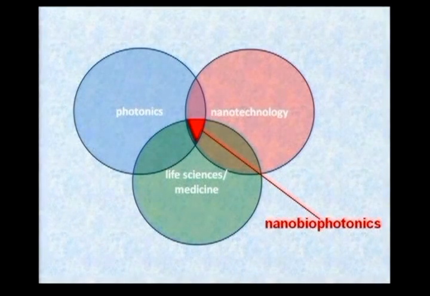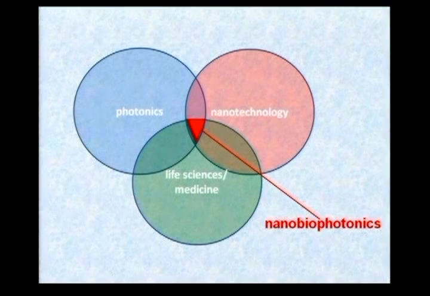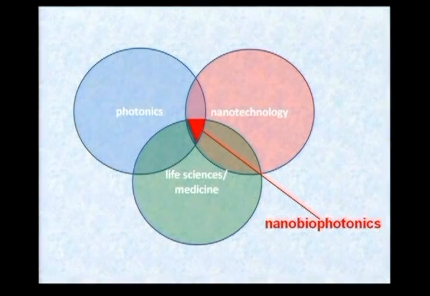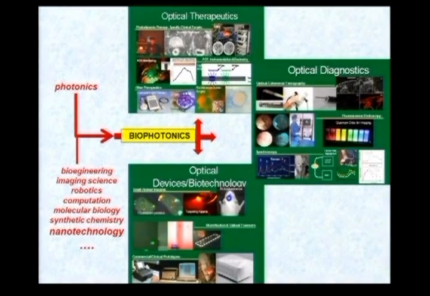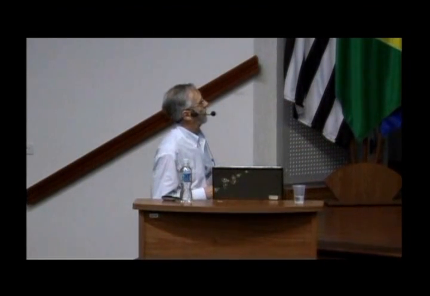So nanoBiophotonics is the intersection between photonics, nanotechnology, and life sciences and medicine. That's clear. And I just wanted to make the point that if we look at the different areas of biophotonics, of optical therapeutics, diagnostics, analytics, and biotechnology, these biomedical applications are very strongly driven by the technology that comes from photonics, so from the basic science and technology of optics.